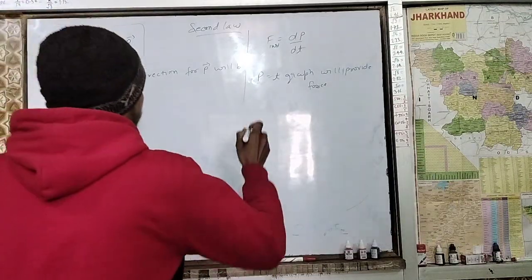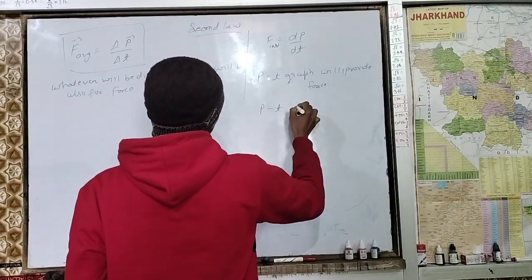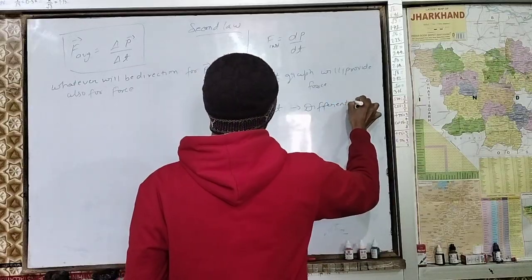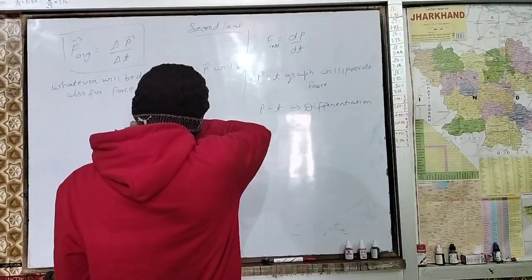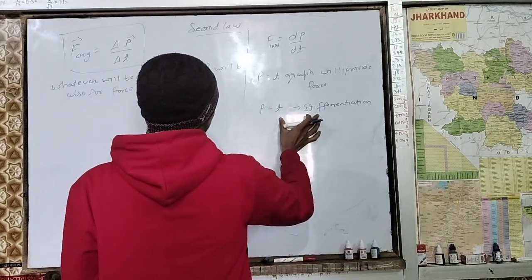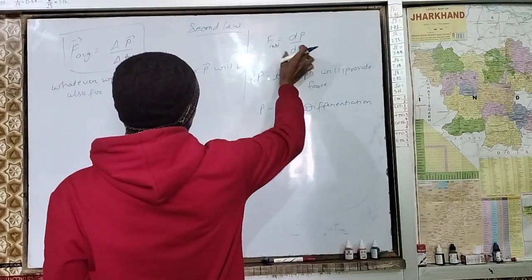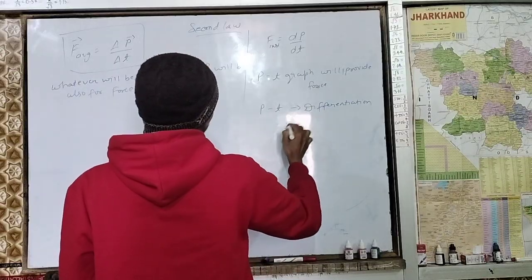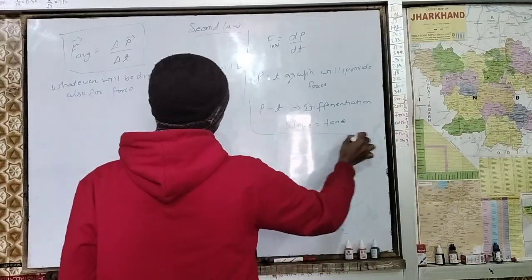When we differentiate this PT graph, the slope will be tan theta.